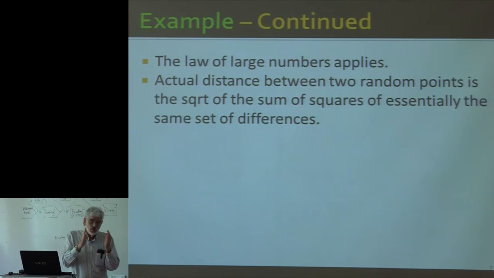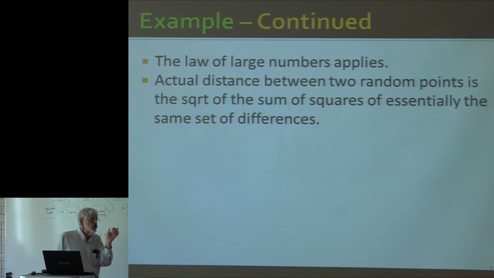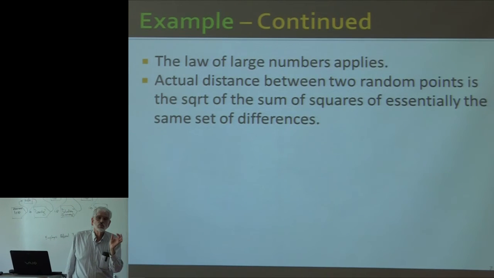And by the way, the variance of the Gaussian is going to grow linearly in the number of variables you take, in this case the number of dimensions. Therefore, the standard deviation is going to be the square root of the number of dimensions.